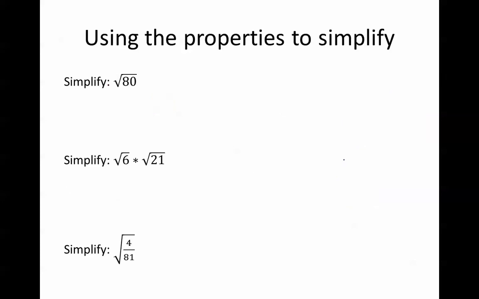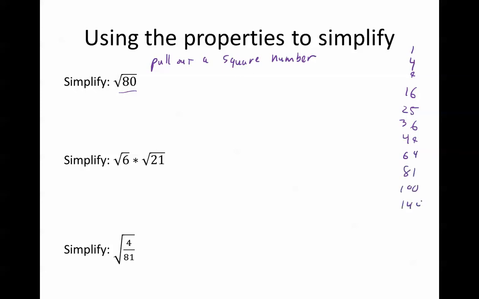So let's do another couple of examples. We're being told to simplify root 80. What we want to do is pull out a square number. So I'm going to make a list of my square numbers: 1, 4, 9, 16, 25, 36, 49, 64, 81, 100, 121, 144.